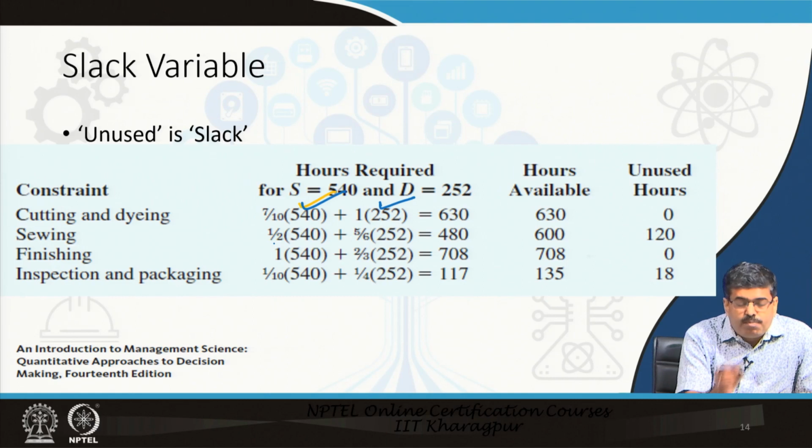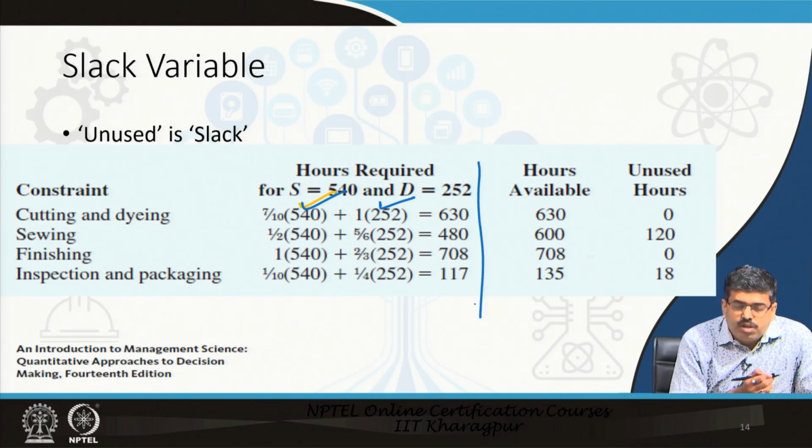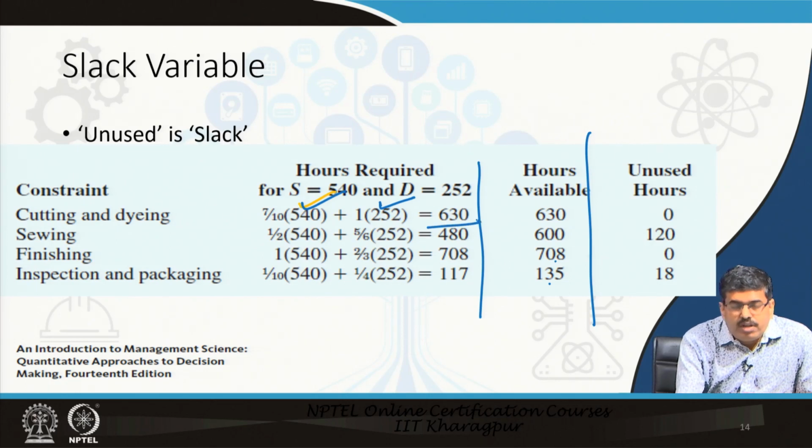Similarly, half hour per bag into 540 bags plus 5/6 of hour per bag into 252. So, this is basically the number of hours required. What was the hours available? 630, 600, 708, 135. So, hours required 630, we had 630, so unused is 0.